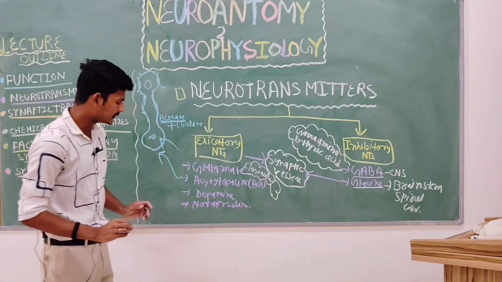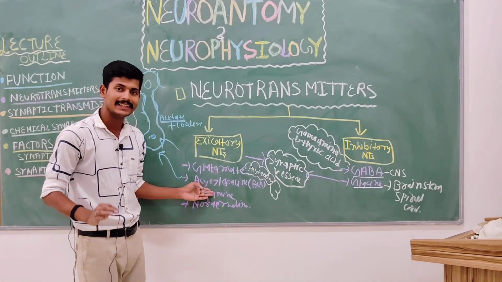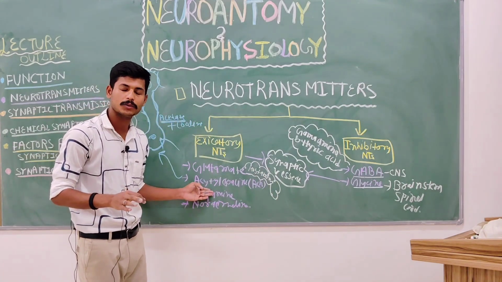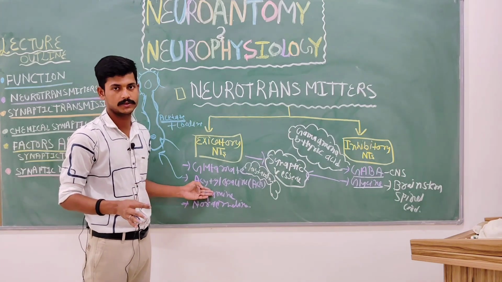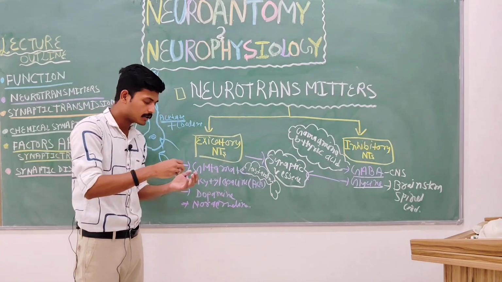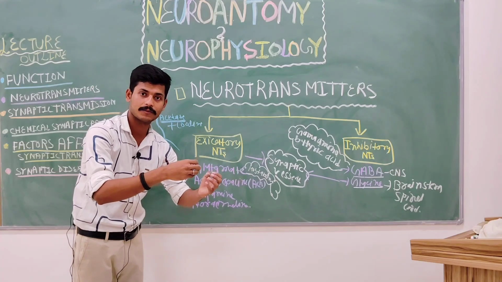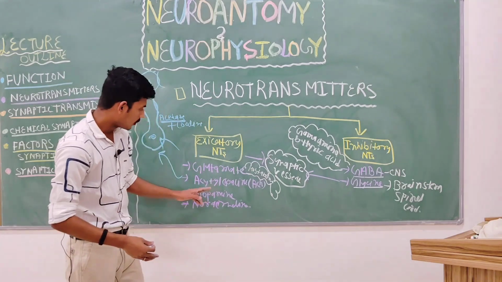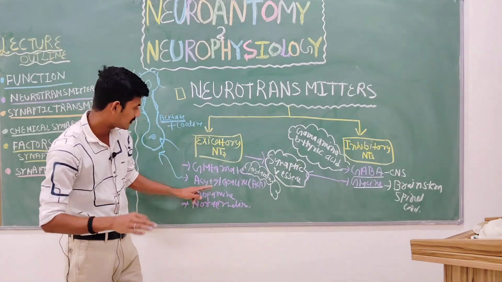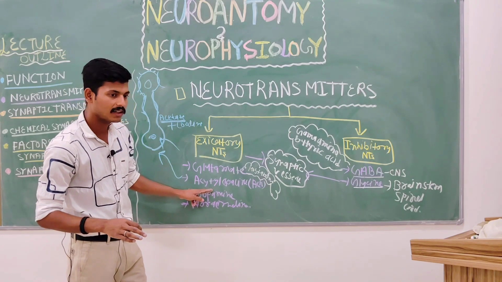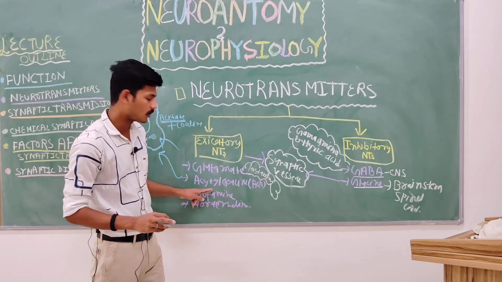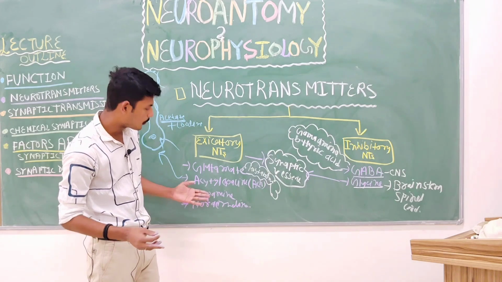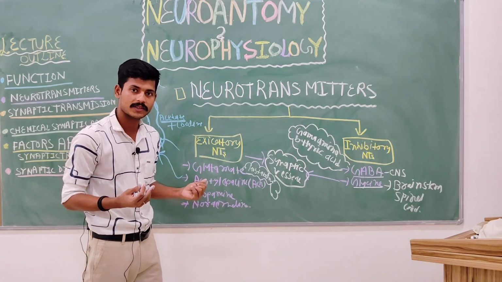And if we talk about acetylcholine, it is mainly present at the neuromuscular junction. Whenever neurons make a synapse with the muscle, there is the presence of acetylcholine. And dopamine is present in the central nervous system.